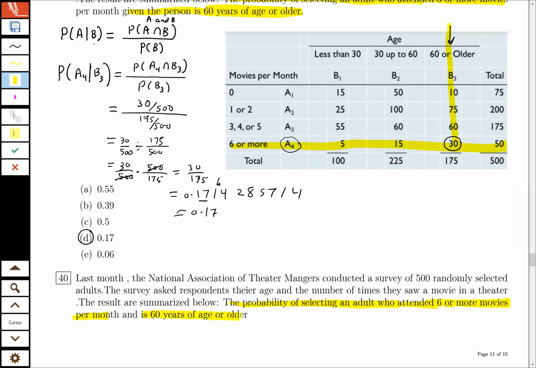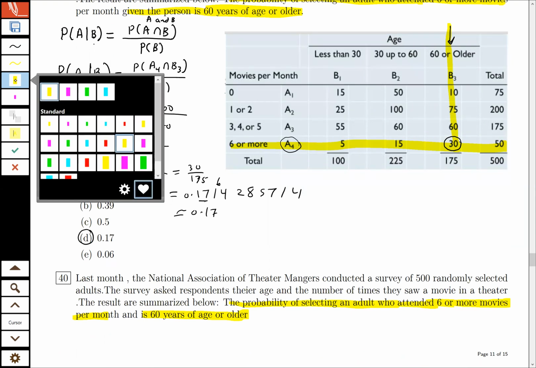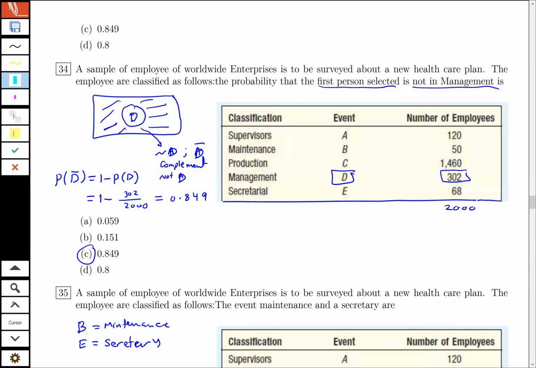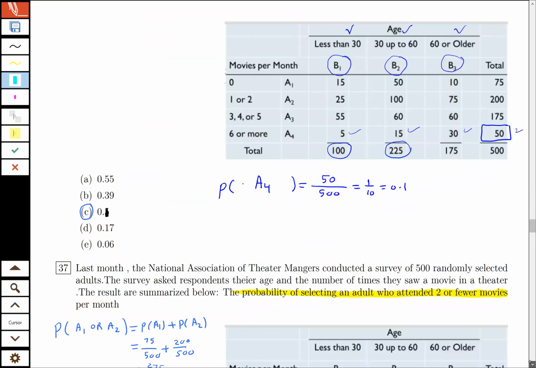And here, some of you will confuse between 2 questions. I will highlight this one. Here, guys, here he said what? And that's question number 40. Question number 38, what did he say? 38.